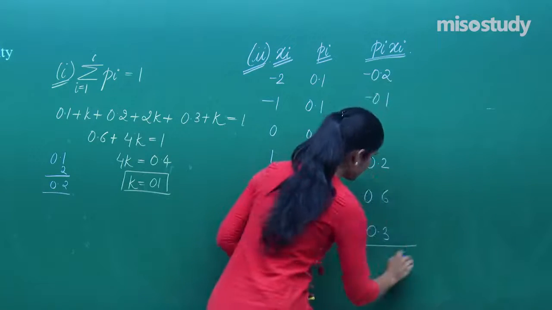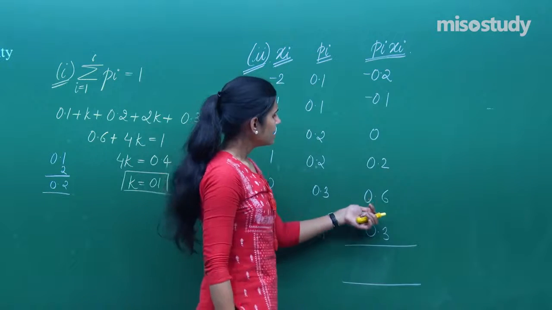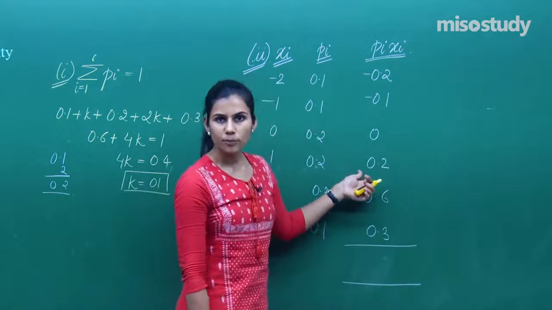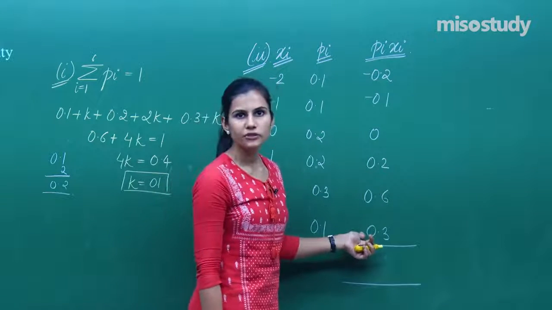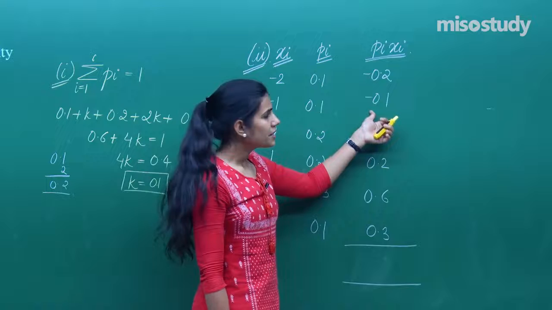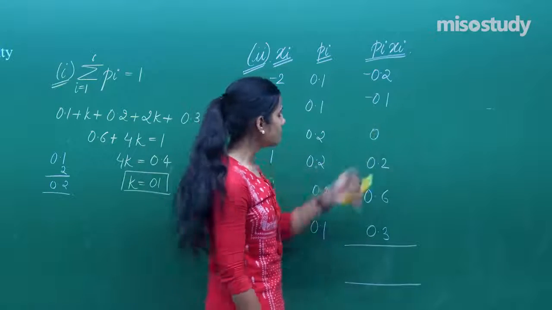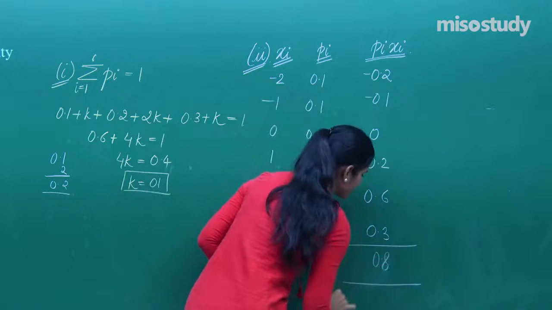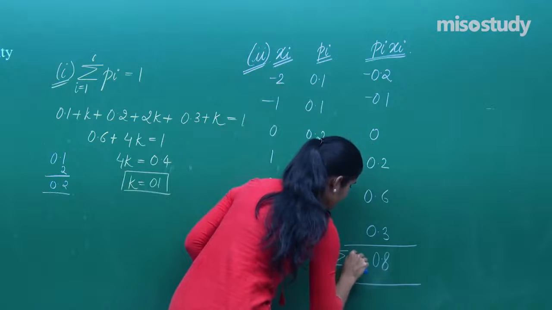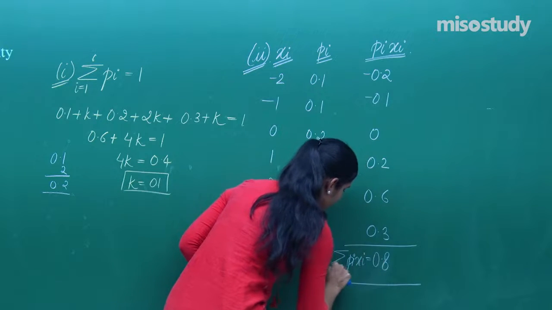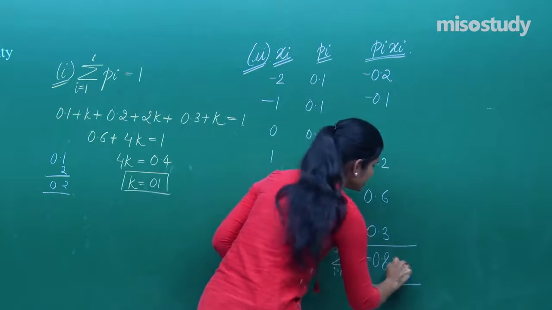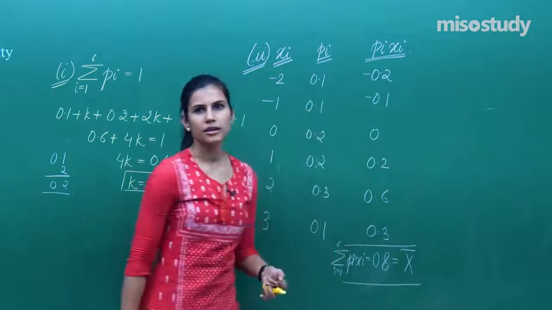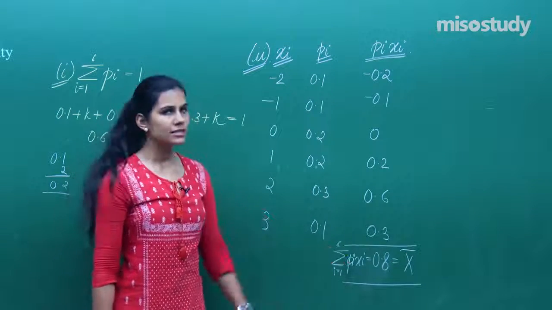What do you get as the sum? 0.6 plus 0.2 is 0.8, 0.8 plus 0.3 is 1.1, 1.1 minus 0.1 is 1, 1 minus 0.2 is 0.8. So summation pi xi, i running from 1 to 6, this itself is my mean. And I have evaluated my mean as 0.8.